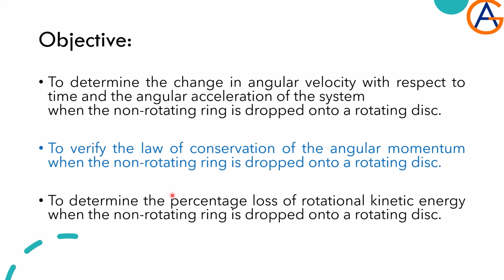The third objective is to determine the percentage loss of rotational kinetic energy when the non-rotating ring is dropped onto a rotating disk. So in all three objectives, this last sentence is common: when the non-rotating ring is dropped onto a rotating disk.